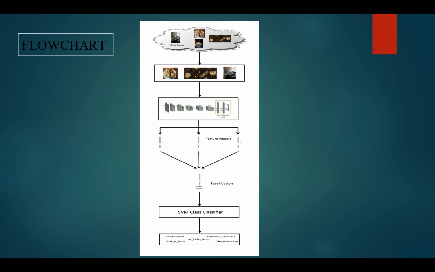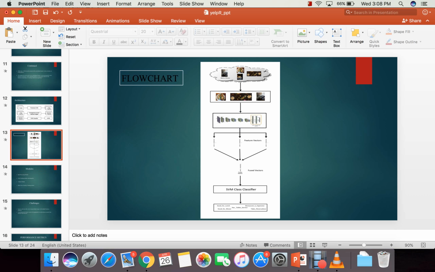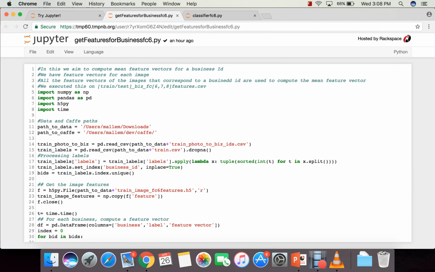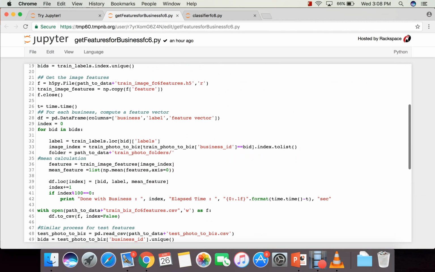And based on the weights learned, the neural network can be changed in future to improve the efficiency in labeling the restaurants. We take the average of the feature vectors to provide a single vector for each business.